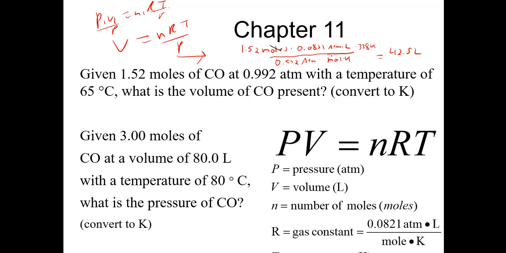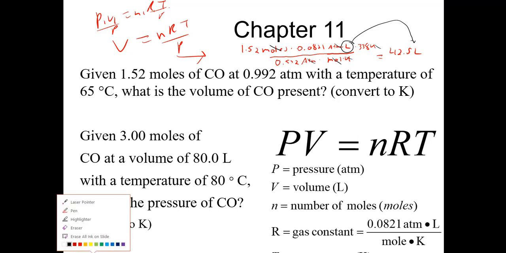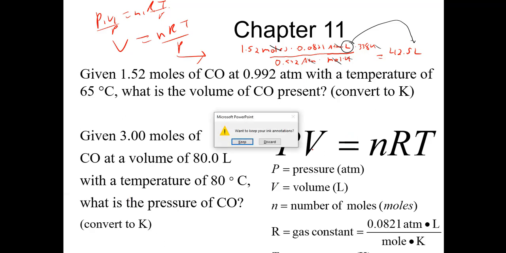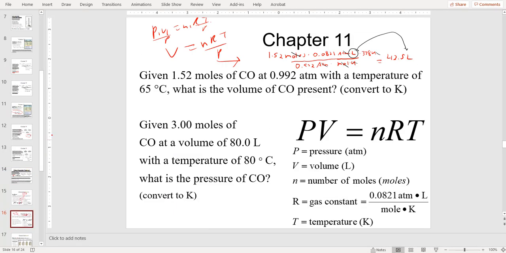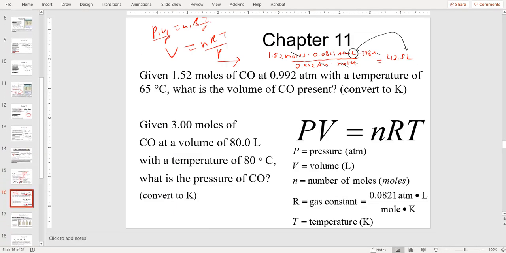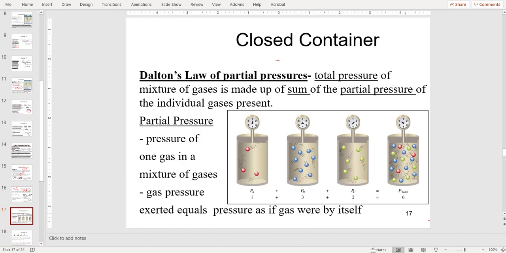Because with the gas constant, the moles cancel out, the atm cancels out, the Kelvin cancels out, and then it leaves the desired target unit. So make sure you also have this one memorized. And let's move on to another one.